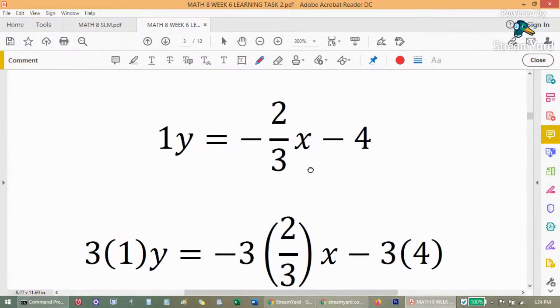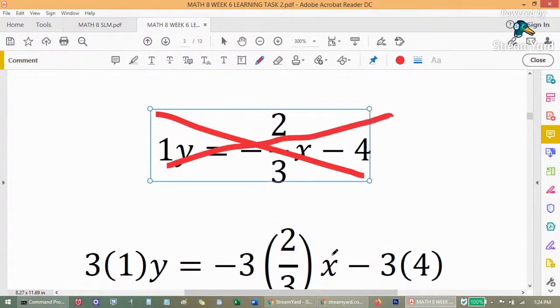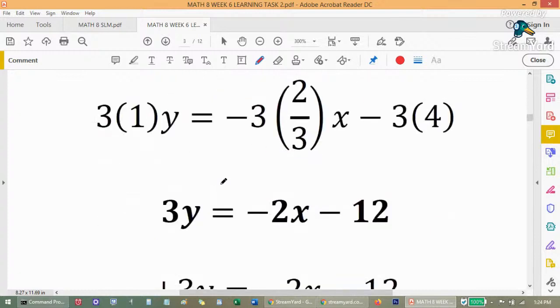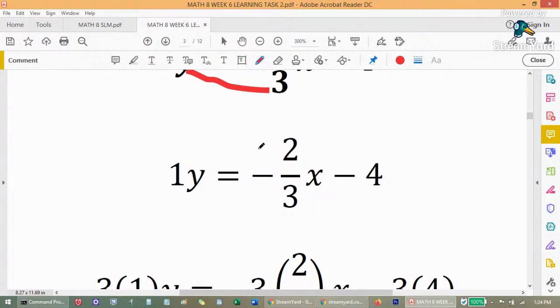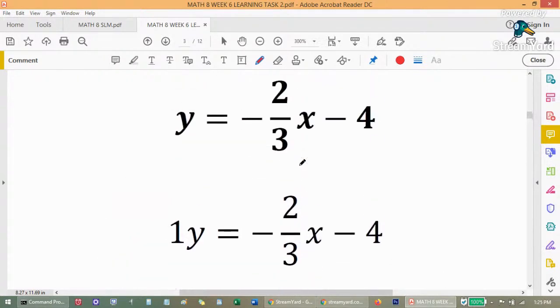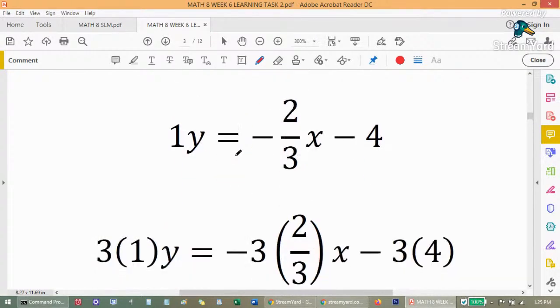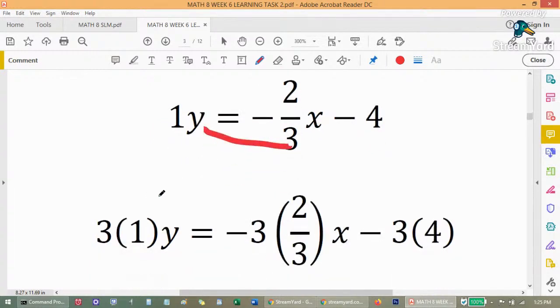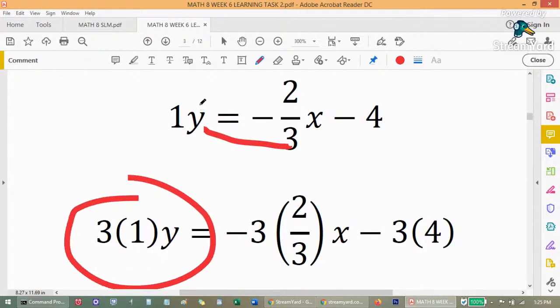Okay, so para lang makita nyo, but this is optional. So, pag sinabing multiply 3 sa tatlong to, nangyayari is 3 times y is equal to 3y. Okay, so ganito, para makita nyo, 3 times y. So, may 1 dito. So, 3 times this is 1y times 3.